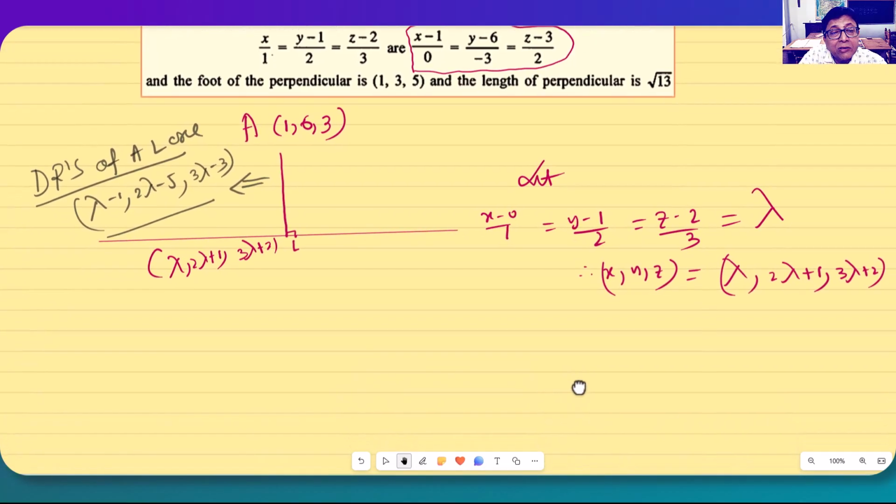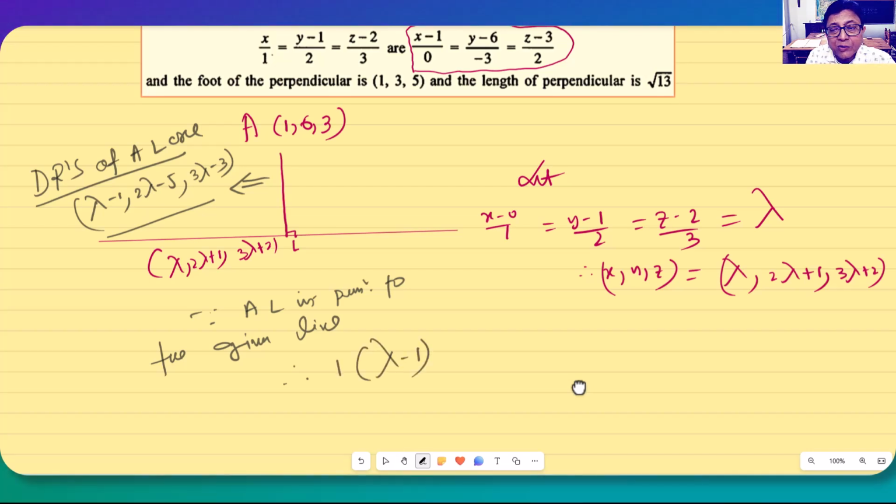So we use the condition: since AL is perpendicular to the given line, therefore 1 into lambda minus 1, plus 2 into 2 lambda minus 5, plus 3 into 3 lambda minus 3 equals 0.